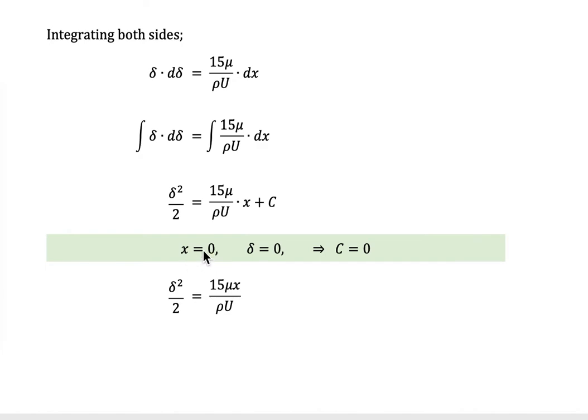We assume that at the origin, the first point of the flat plate, x is equal to 0, the boundary layer thickness is not yet developed, so delta is equal to 0, which makes the constant c equal to 0. Finally, delta square over 2 is equal to 15 mu x over rho u.